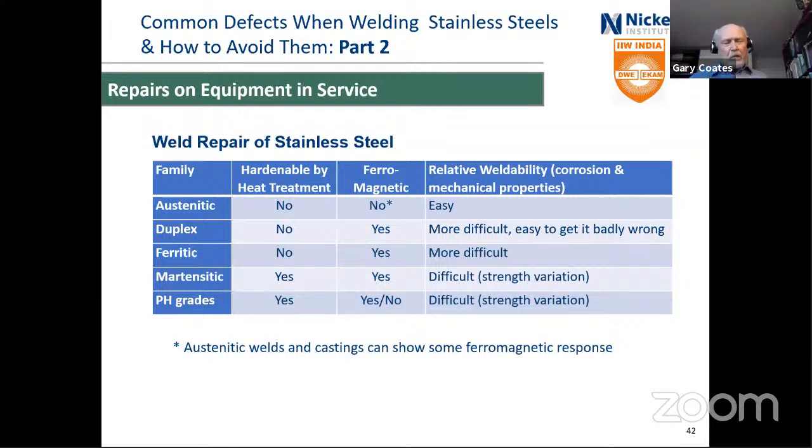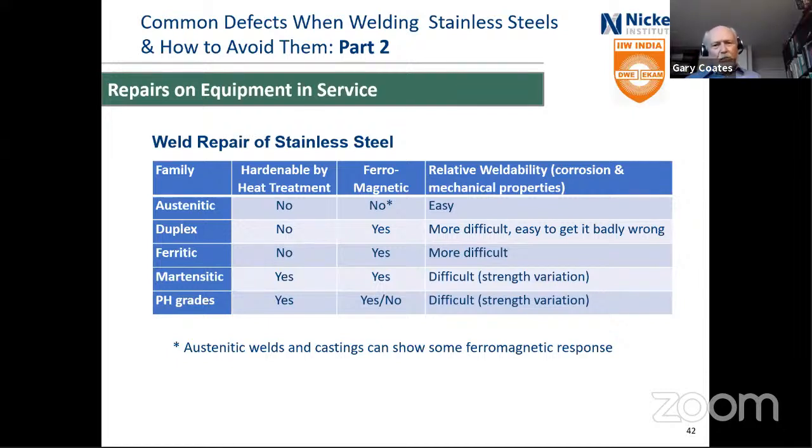But it's much less than a mild steel or a duplex stainless steel. So it's easy to tell a little bit about the family from that property. Duplex grades are quite ferromagnetic. Ferritic grades are as ferromagnetic as carbon steel. Same with martensitic grades. PH grades, it depends on the particular grade.